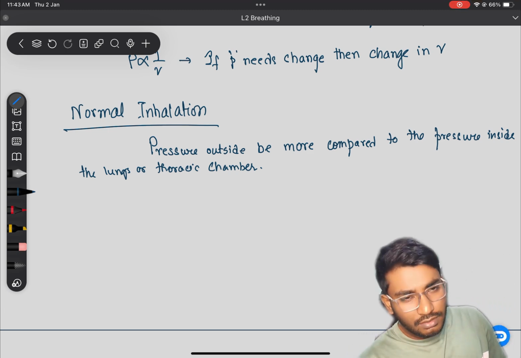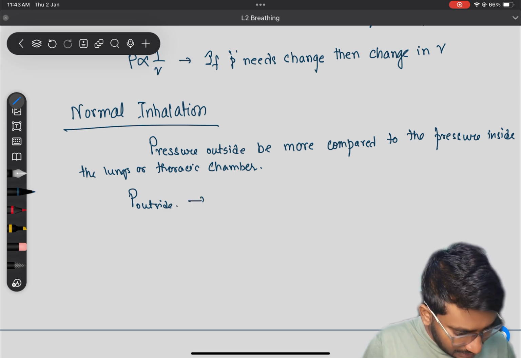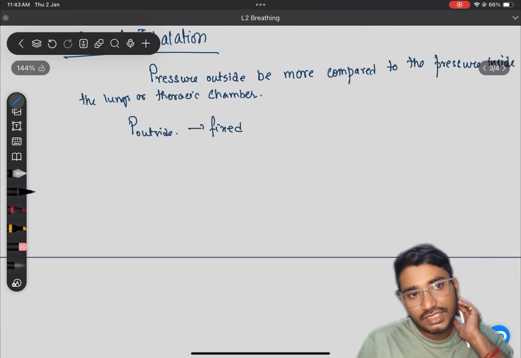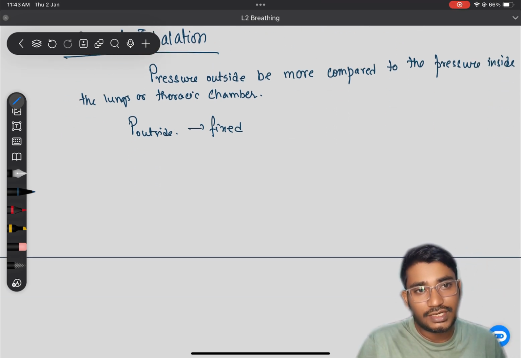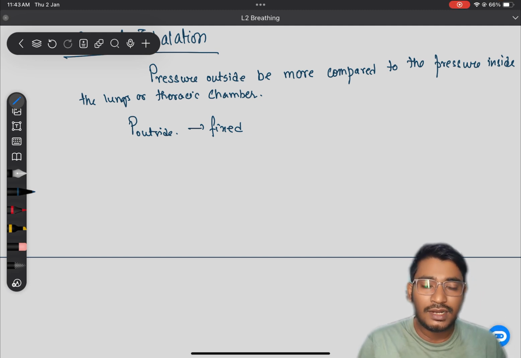The pressure outside is fixed. We cannot change the atmospheric pressure until and unless we change the altitude. Atmospheric pressure is fixed by nature. So we have to change the thoracic chamber pressure by the nerve coordination from the medulla oblongata, which is responsible for changing the thoracic pressure of the lungs.